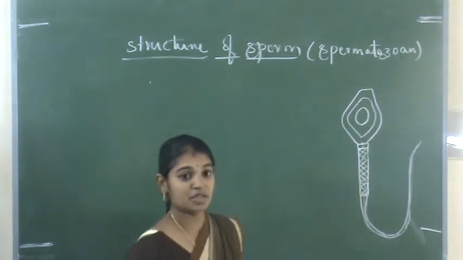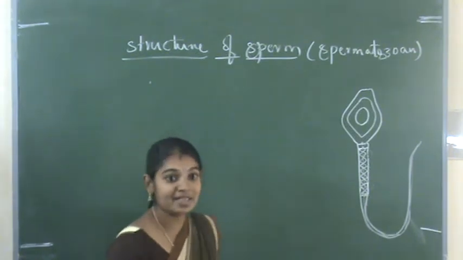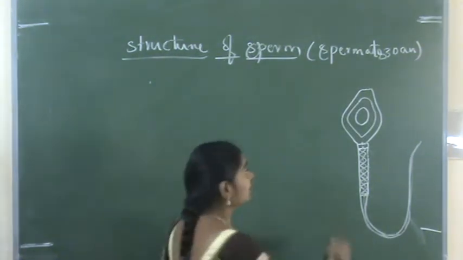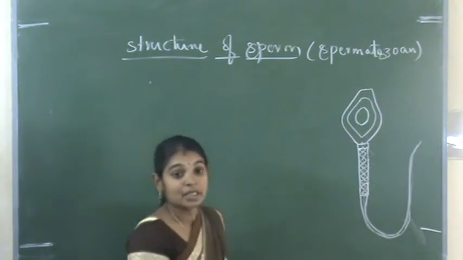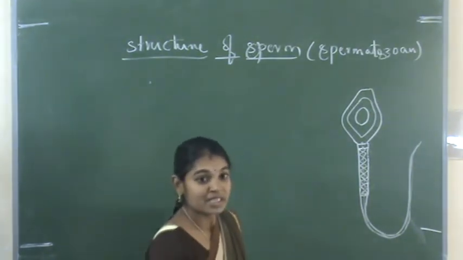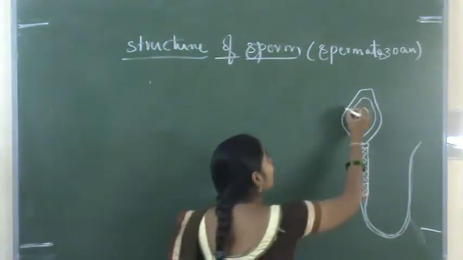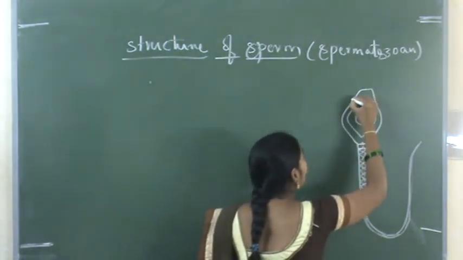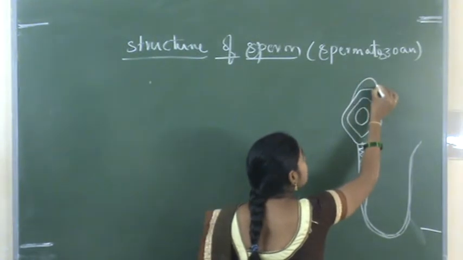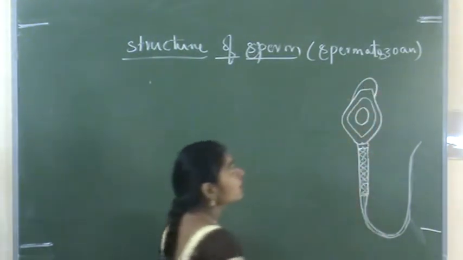Like somatic cells, all the cell organelles are present in this, but here the Golgi complex changes into a cap-like structure on its head, which is known as the acrosome.